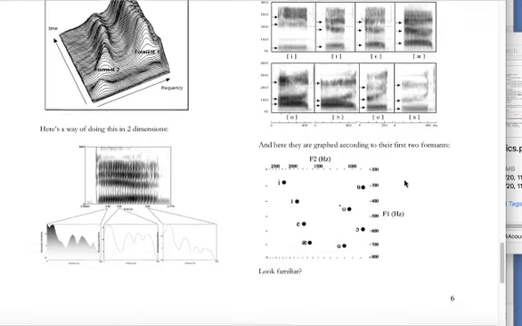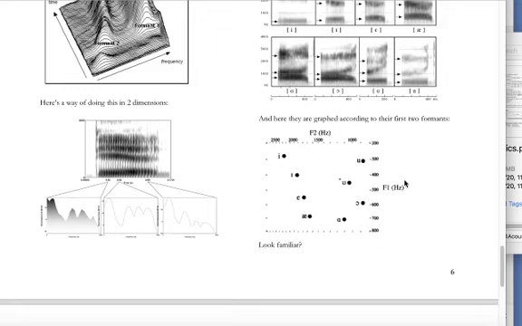If we were going to make a plot of all of these spectrograms based on their F1 and their F2, it would look like this. So what are we doing here? Well, we start with this U vowel. We ask what's its first formant. It's around 300 hertz. And we're going to plot F1 upside down for reasons I'll explain in a second.